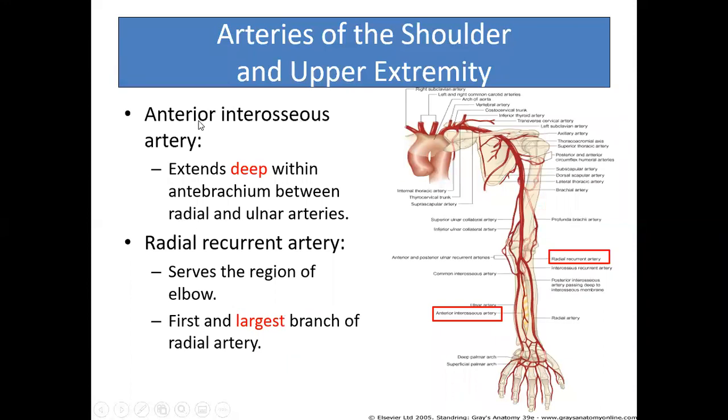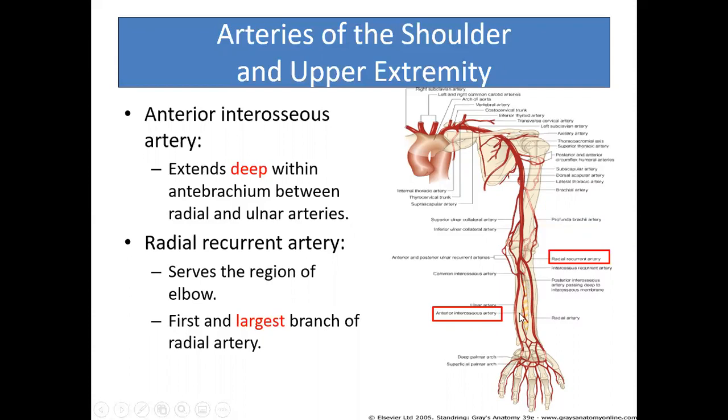And then you also have the anterior interosseous artery that extends deep within the antebrachium between the radial and the ulnar artery. If you see from this picture, this is the anterior interosseous artery. It is located deep within the antebrachium between the radial and ulnar arteries.